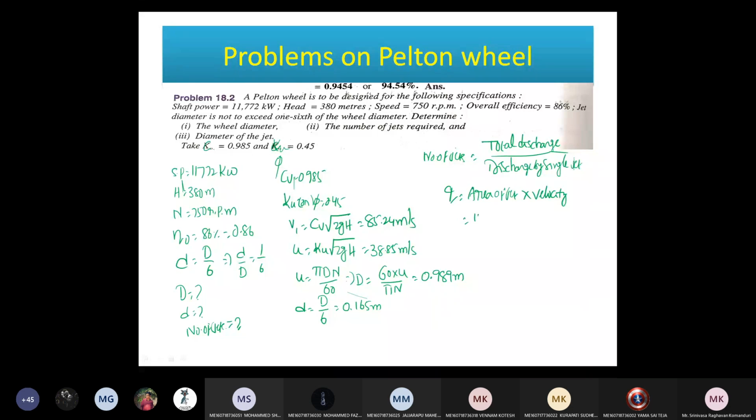Already we know the diameter of one jet. So small q, discharge by single jet, is area into velocity. Area of jet is pi by 4 d square, and velocity of the jet is v1. So q is pi by 4 d square into v1. You can calculate q value.